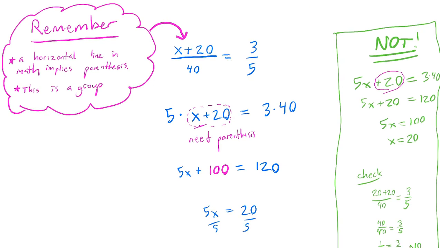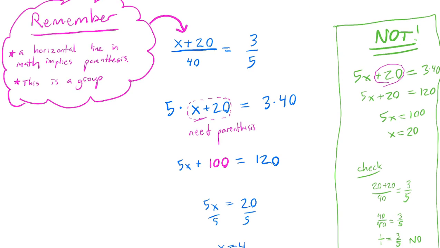But one thing I just want to remind you is when we have a problem like this, which will absolutely come up, you need to remember that this horizontal line underneath, in math, implies that there's parentheses on the top and on the bottom. So there's implied parentheses around this x plus 20. When we multiply it out, we need parentheses here.